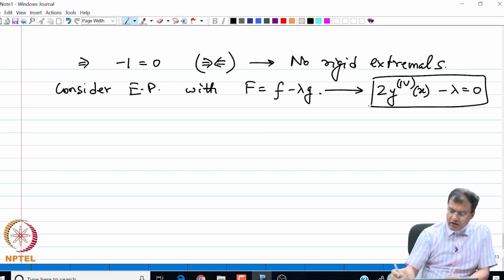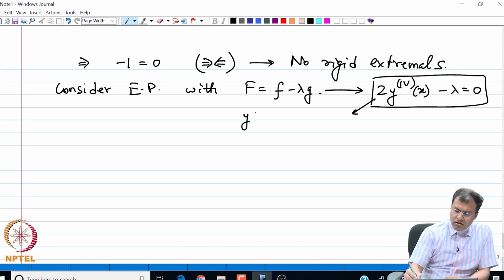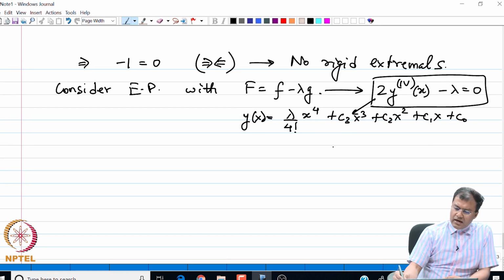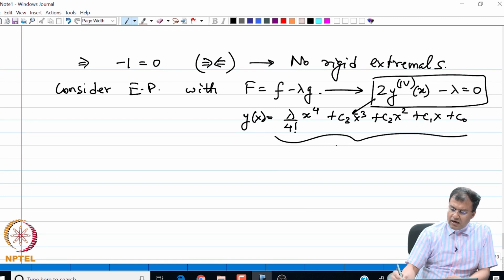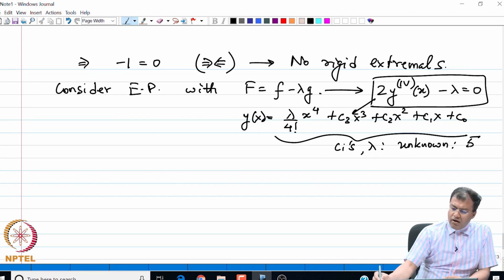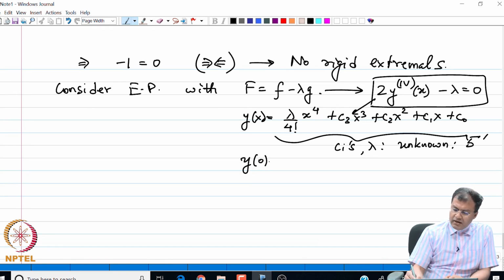From here I can quickly find that the solution is y of x equals lambda over 4 factorial times x to the power 4, plus c3 x cube plus c2 x square plus c1 x plus c0. The Ci's and lambda are unknown, so there are 5 unknowns in total.